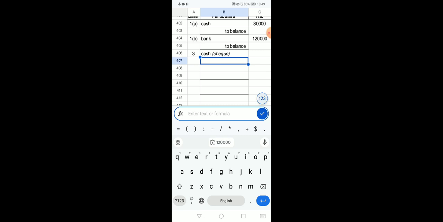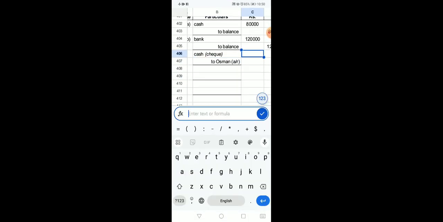Asset has decreased, and a decrease in asset should be credited, so you will mention the name of Usman on the credit side. He was your account receivable. Account receivables are usually assets and they should be written on the debit side, but since we have received the amount from him, he is no more an asset. Asset has decreased, a decrease in asset should be mentioned on the credit side, so you have written the name of Usman on the credit side.